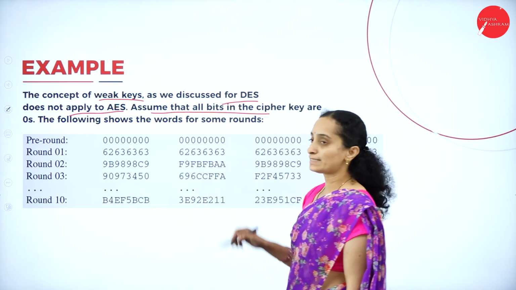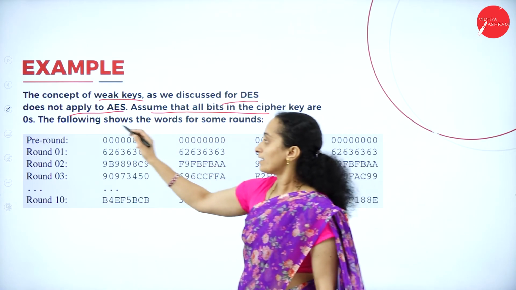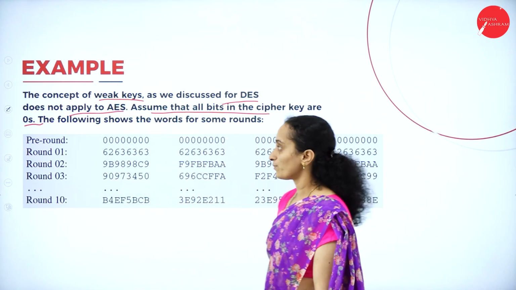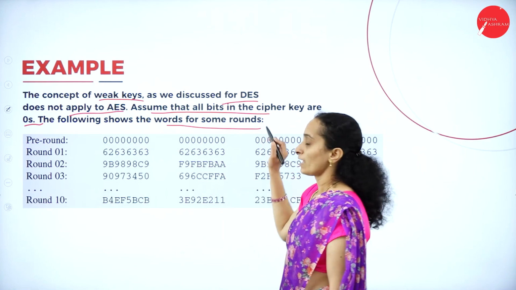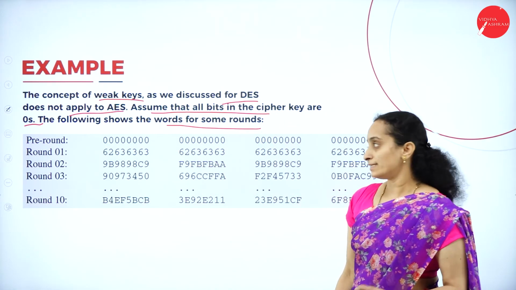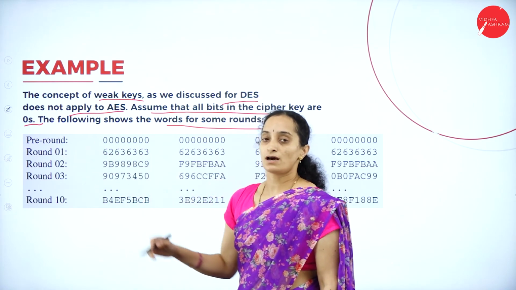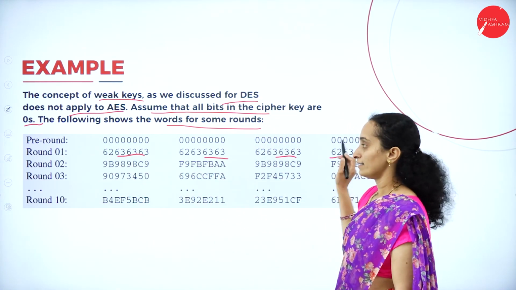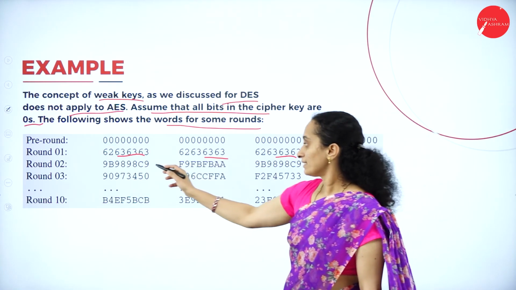Assume that all bits in the cipher key are zeros. If you generate the round keys combined with or XORed with other words, you will get different keys.